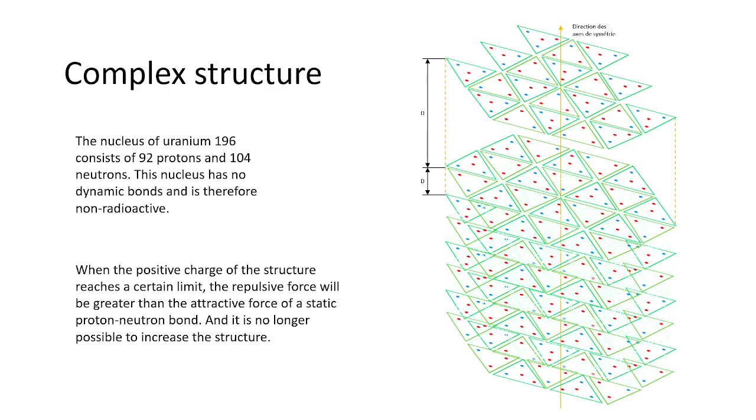Complex structure. The nucleus of uranium-196 consists of 92 protons and 104 neutrons. This nucleus has no dynamic bonds and is therefore not radioactive.